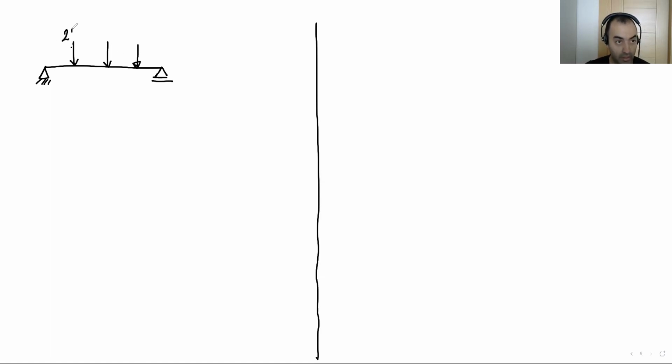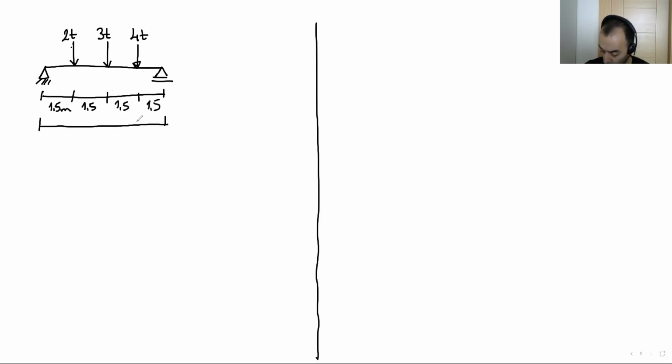These are 2 ton, 3 ton, and 4 ton. And the spacings are equal to each other: 1.5 meter, 1.5, 1.5, 1.5. So in total we have 6 meters. The question is the support reactions.